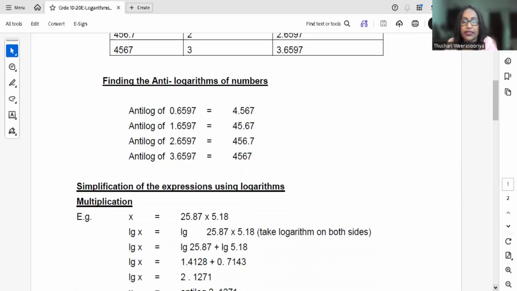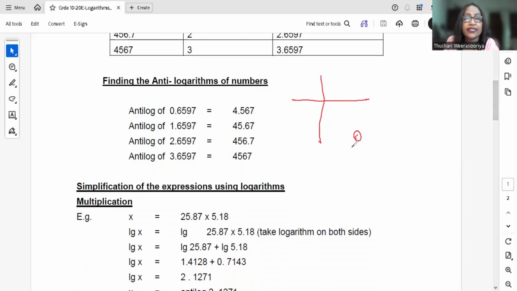We also say log inverse, but anti-log is the best. Now you go to the log book and see where 6597 is. Sometimes you get it exactly, sometimes you don't. Here you don't get 6597. You take the closest smaller number.